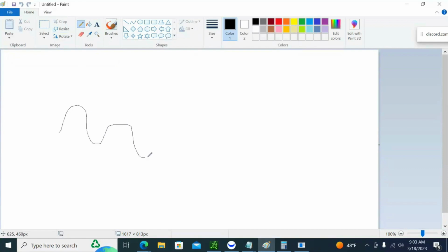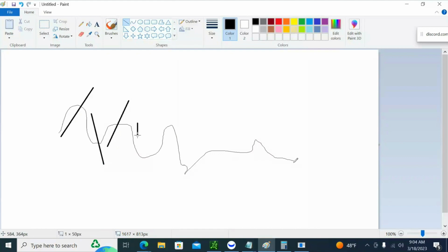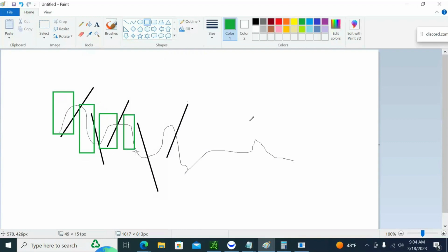So if the stock's trading like this, the fractal system is all trying to disaggregate it into pieces so it's easier to see these movements. So it's finding these areas like that, and it's displaying them on the screen so I can see what traders are doing.